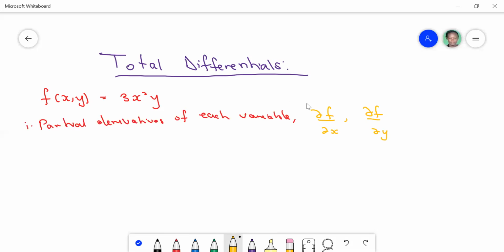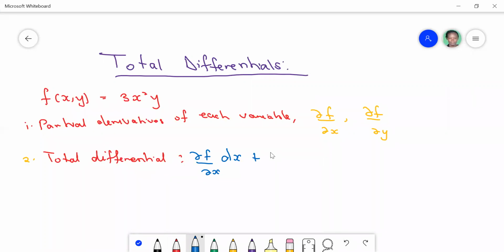If I'm able to find the partial derivatives, then the next thing, the total differential, is going to be my partial derivative of f with respect to x times dx, plus my partial derivative of f with respect to y times dy. This is the total differential.